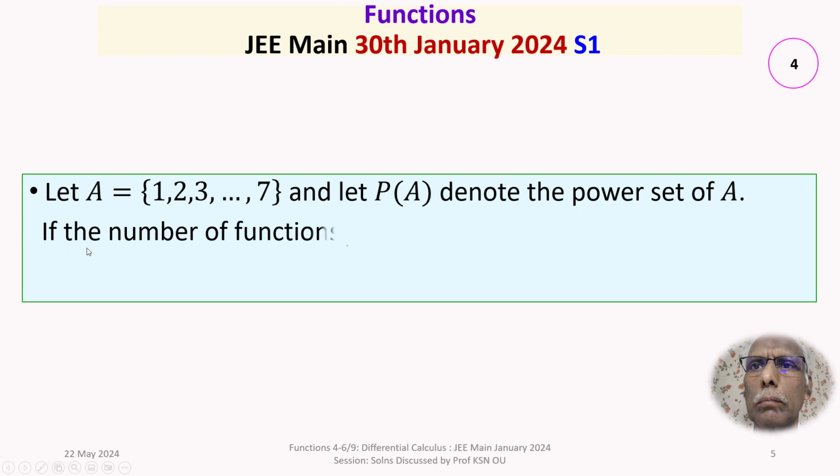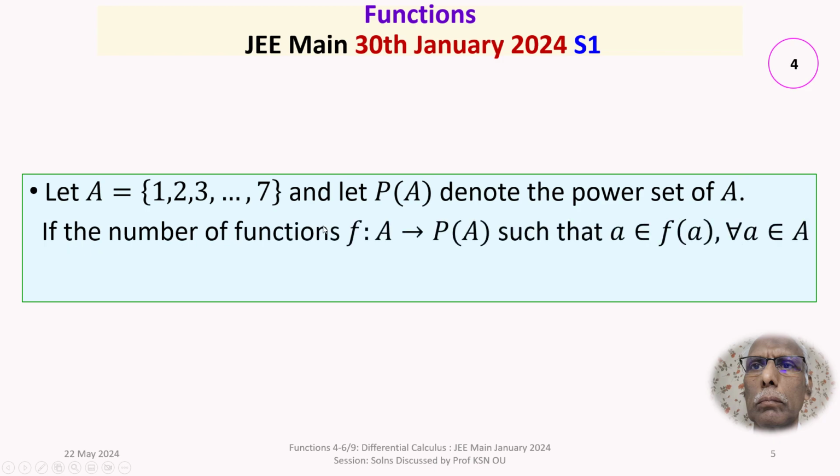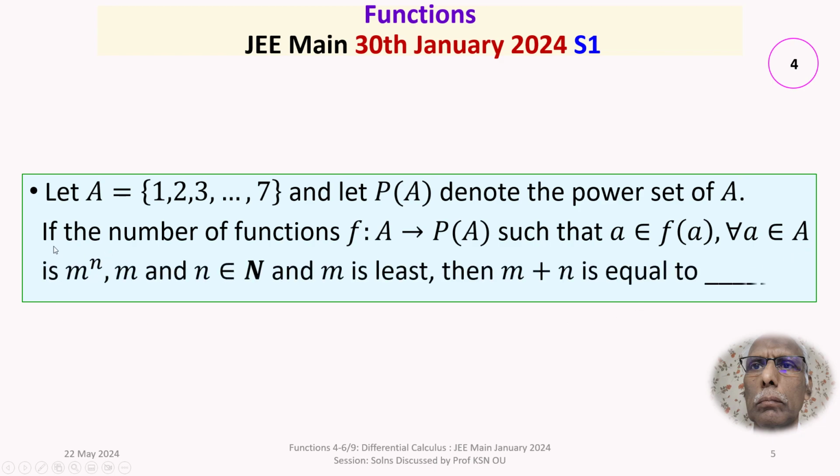If the number of functions f from A to the power set of A such that the element a belongs to f of a for all a belongs to A is m power n, where m and n are natural numbers and m is the least, then m plus n is equal to.